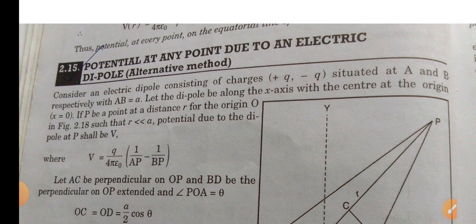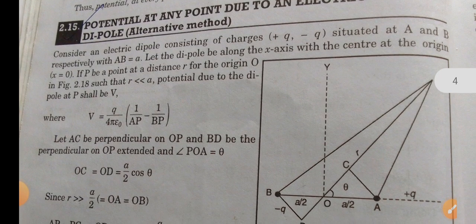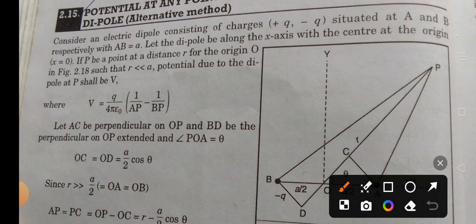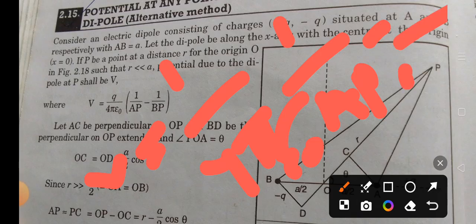If P is a point at a distance r from the origin, such that the potential due to the dipole at P is V, then V is equals to 1 upon 4 pi epsilon naught times 1 upon AP minus 1 upon BP.